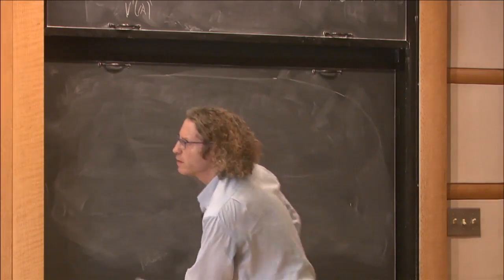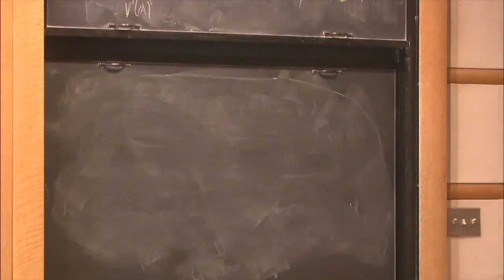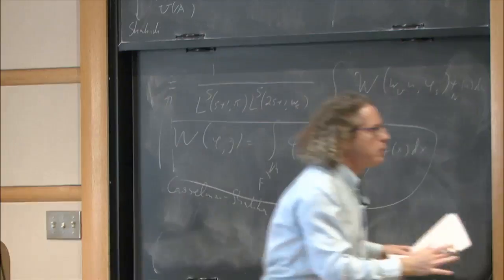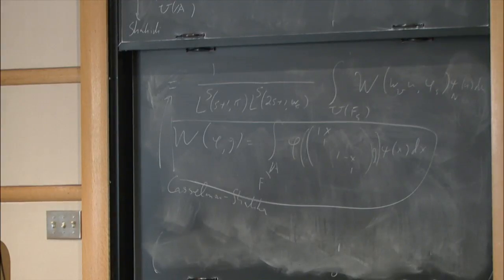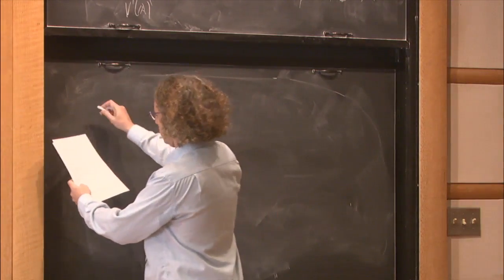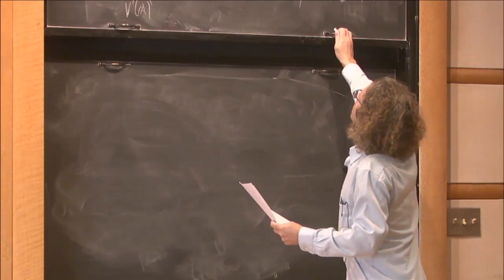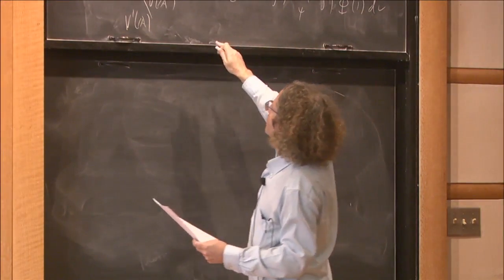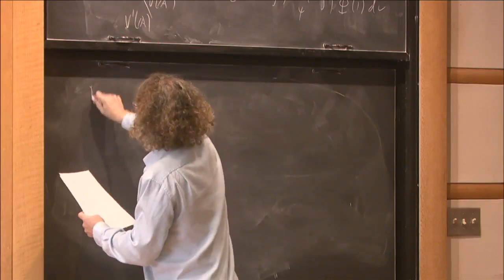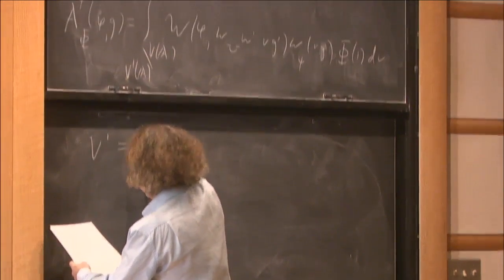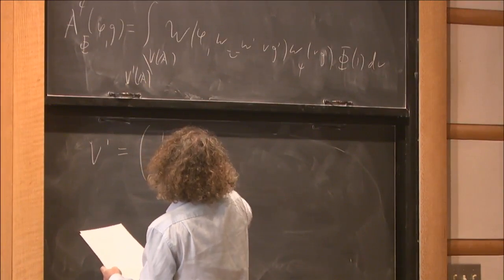So W phi G is this one. It's the same thing. Because I didn't finish. Could you read what you wrote in that integral? Okay, so it's the integral of V A mod V prime. V prime, I better tell you what it is. V prime is actually this group.